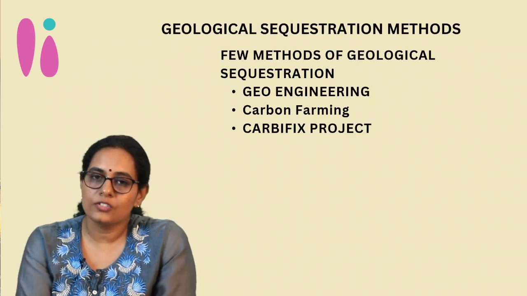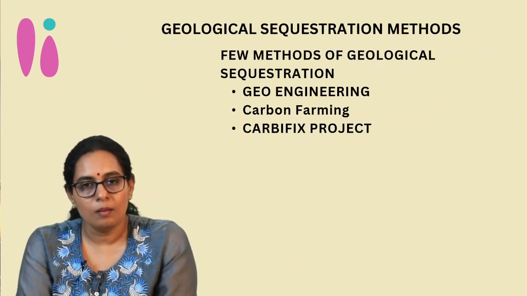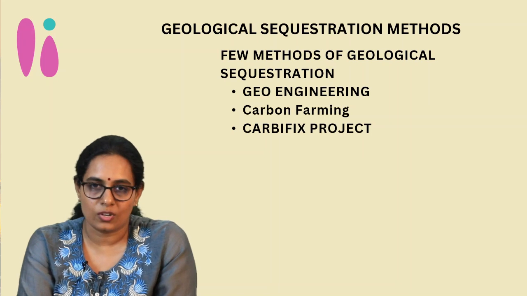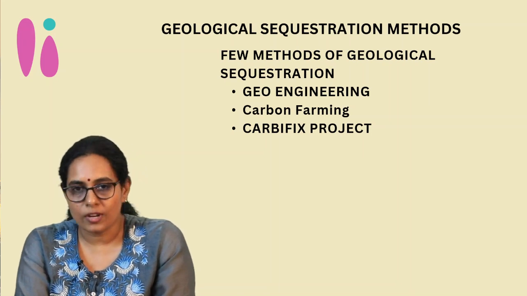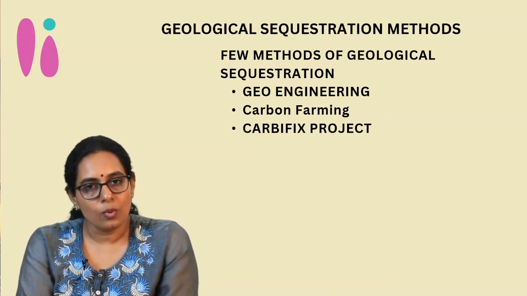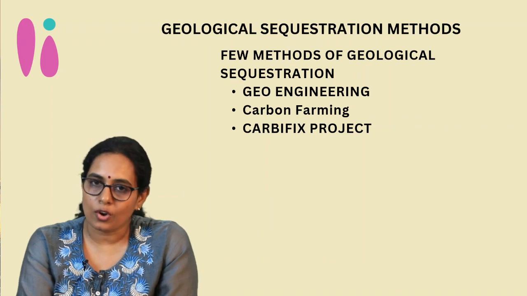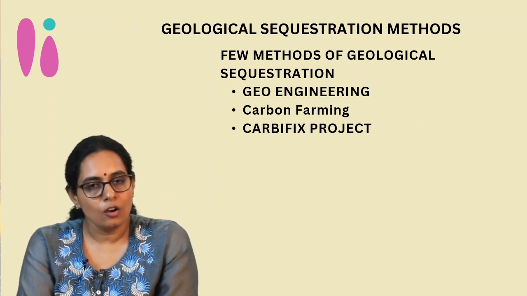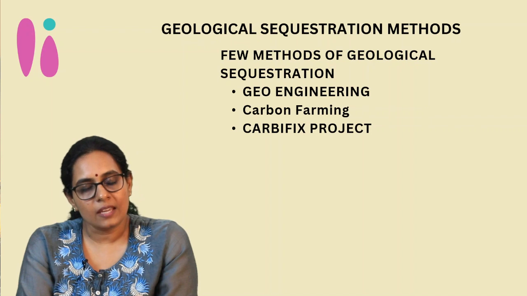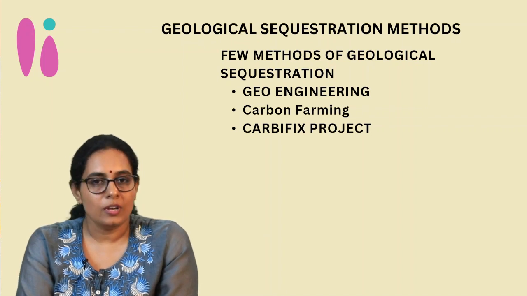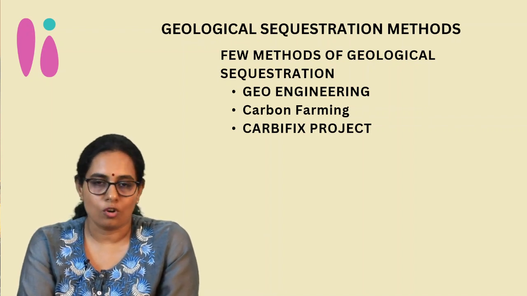So these are the three popular biological methods of carbon sequestration. First, growth of forests and green cover. Second, storage in the soil. Third, the oceans, which have direct exchange of carbon between the atmosphere and the water.